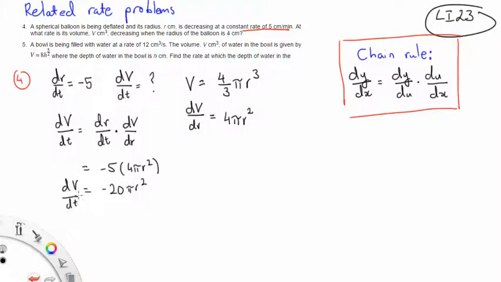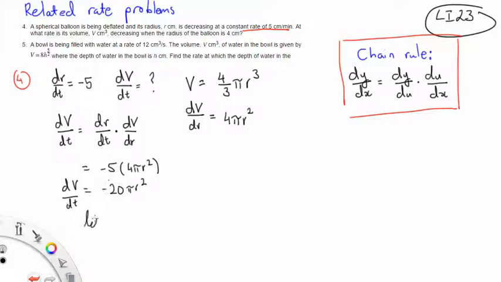So now we have an expression that tells us the change in volume with respect to the change in time. And it's asking us the rate at which its volume is decreasing when the radius is 4 centimeters.